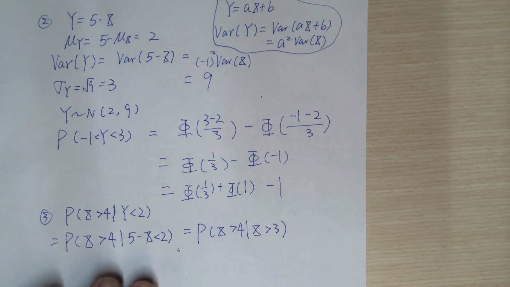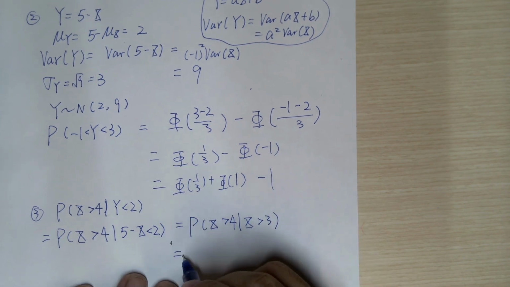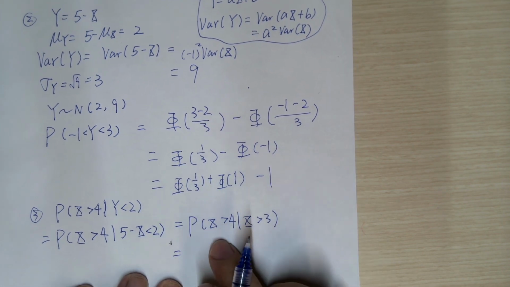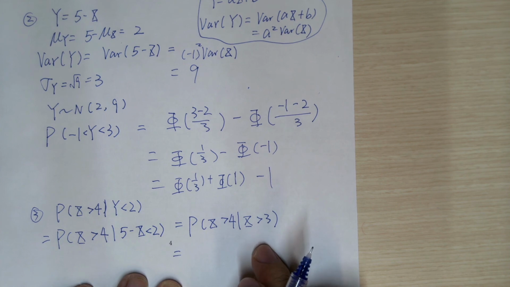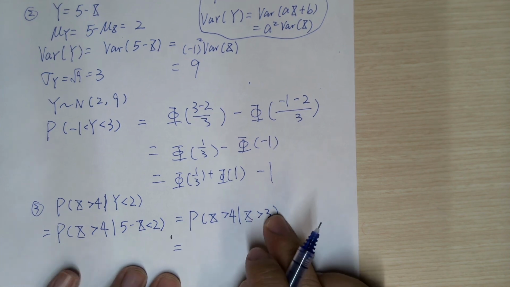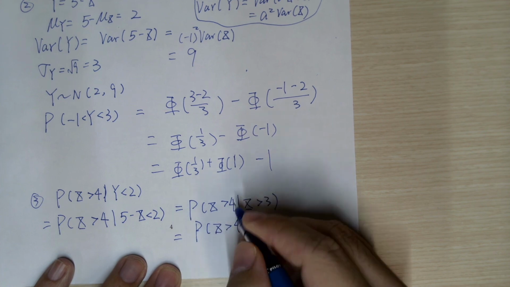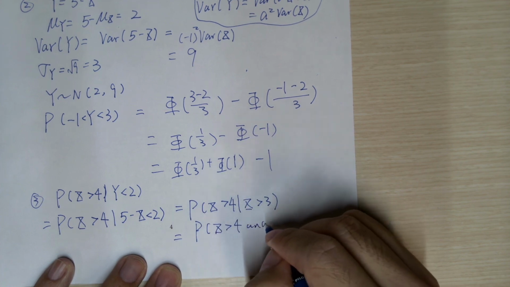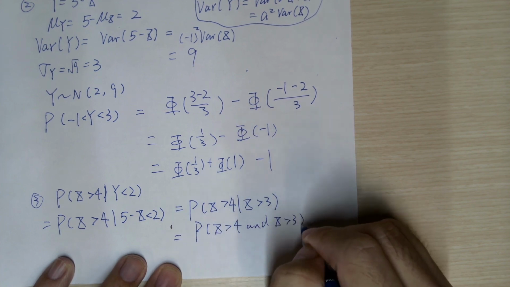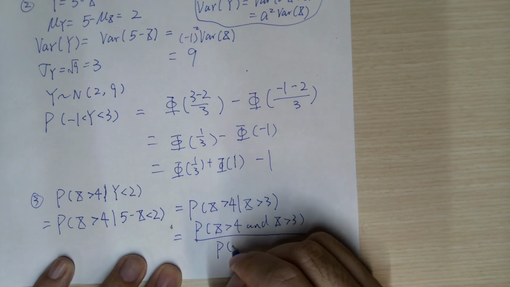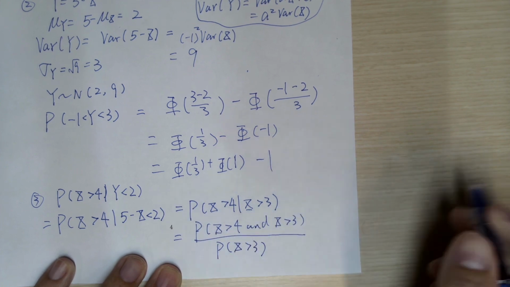Okay. So the conditional probability is the probability of this and that, over the probability of X is greater than 3.